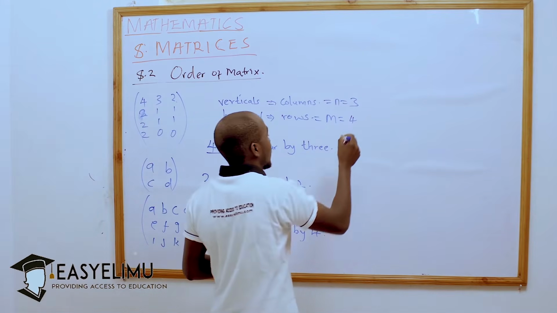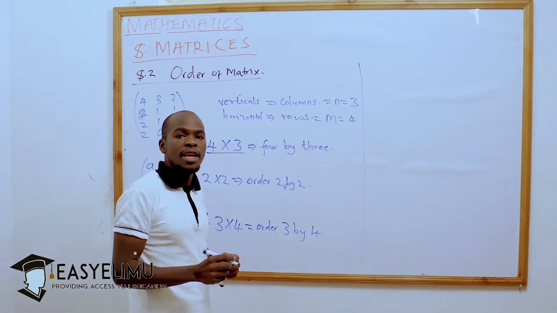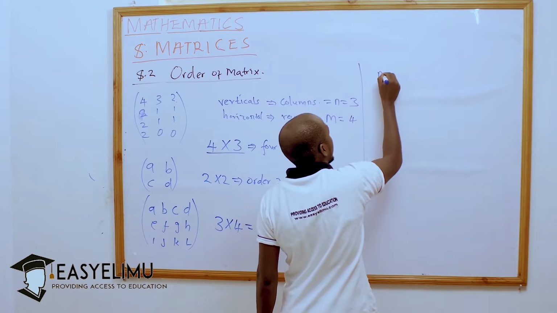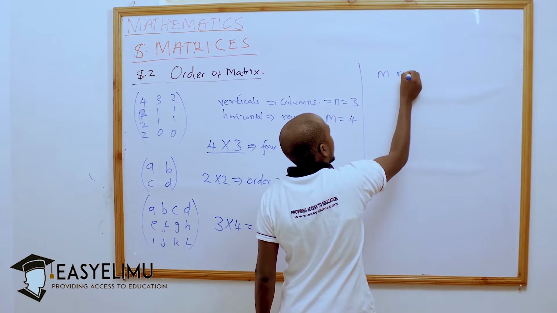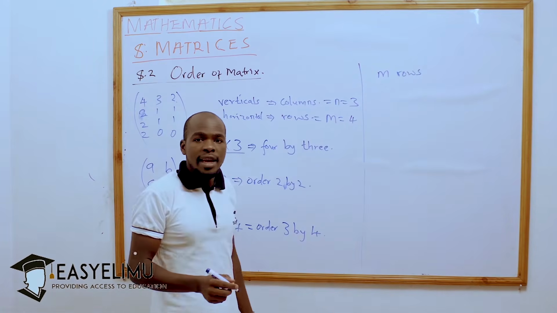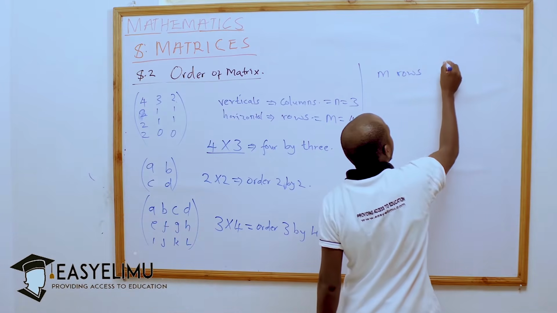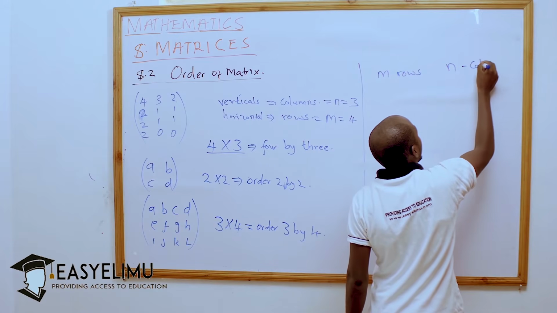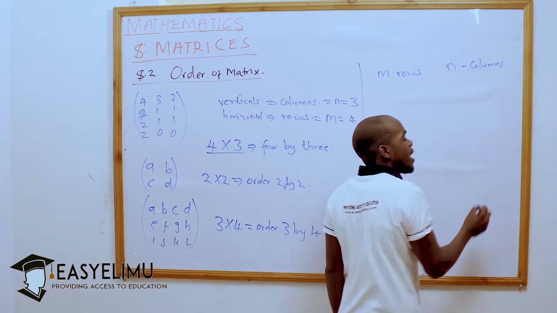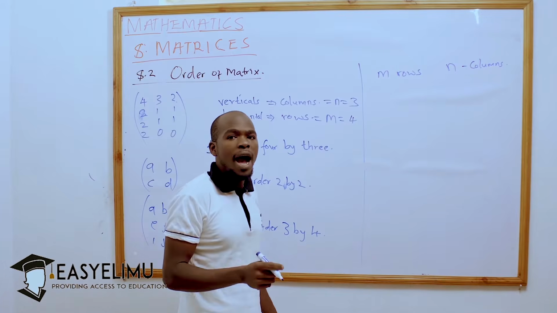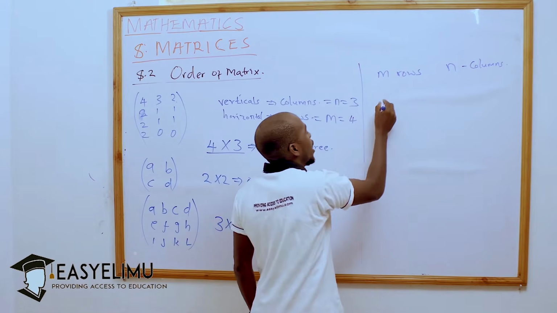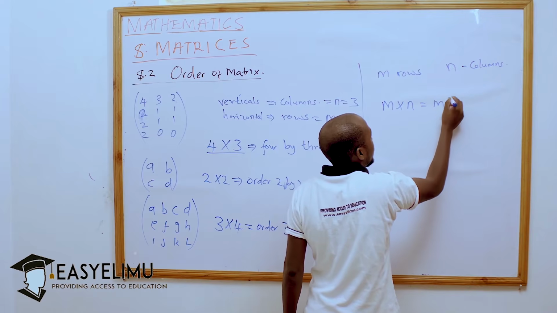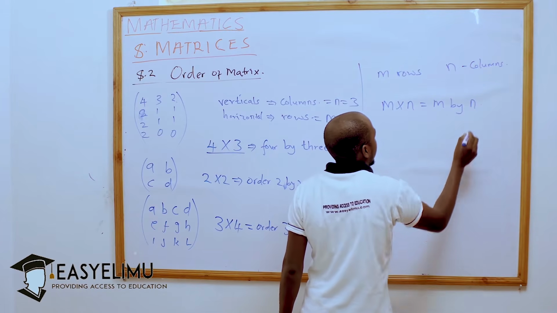In general, if we have a matrix which has m number of rows and n number of columns, then that matrix will have an order of m by n, read as m by n.